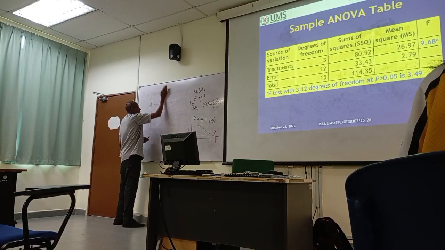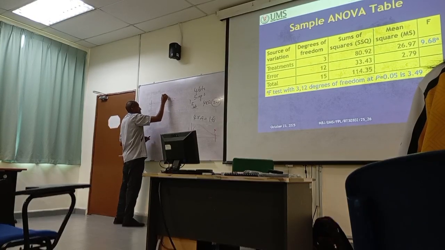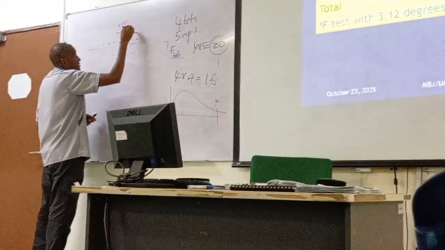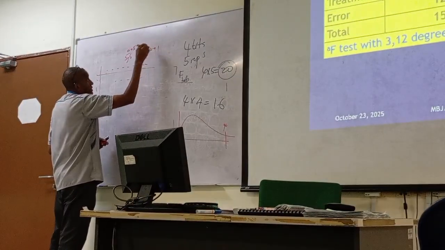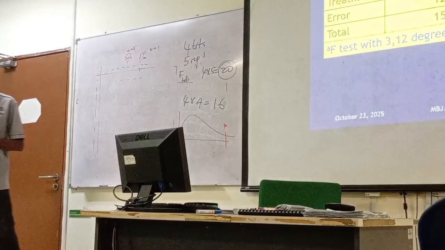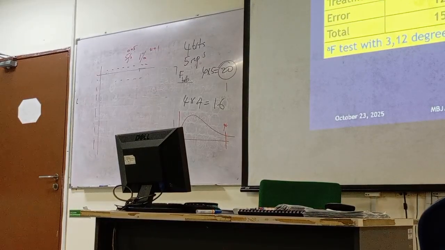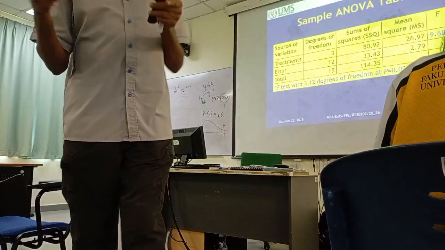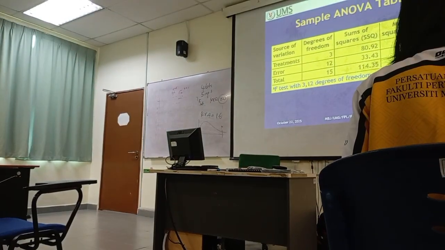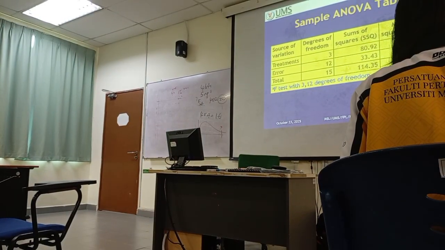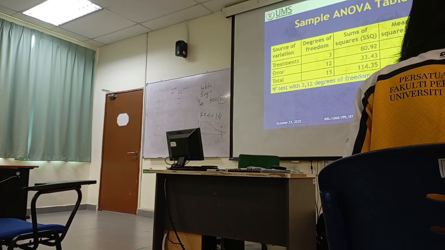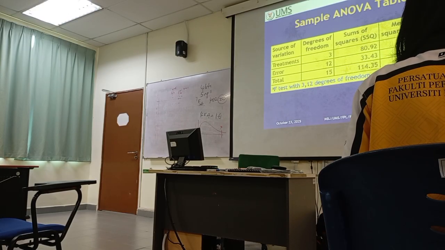And of course, they will tell you here whether it's 5% or 0.05 or 1%, 0.01. So it depends on which level of significance you want to do. You want to be very perfect, you must go 1%. In agriculture, we allow 5 to 10% mistake. In medicine, they allow 0.001%.